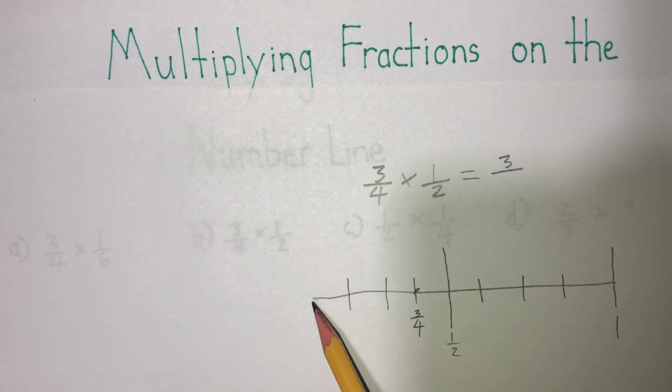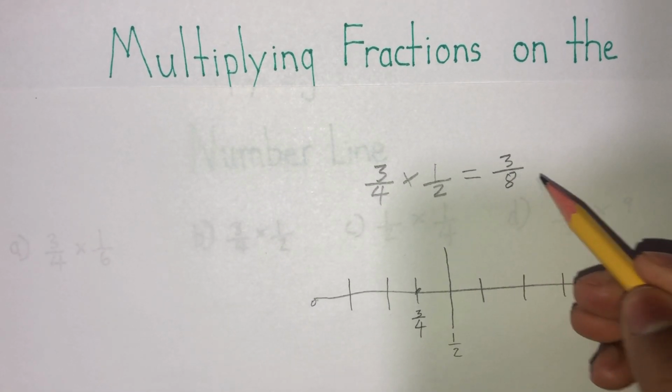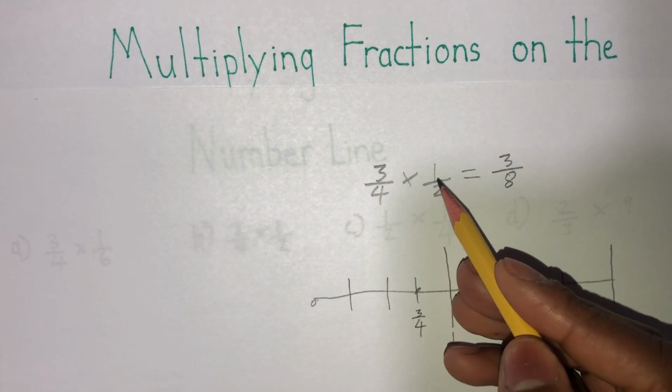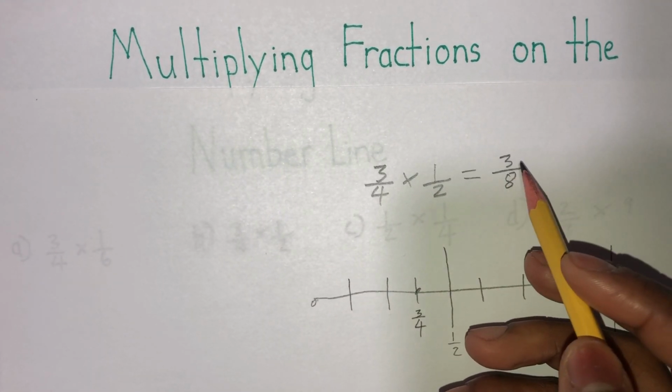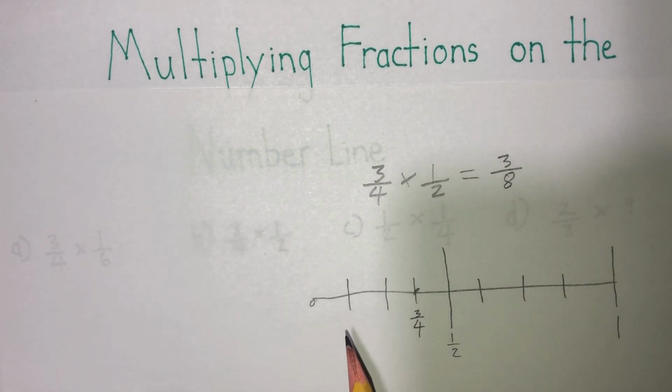So starting at 0, 1, 2, 3, 4, 5, 6, 7, 8. So as we can see, 3/4 of the distance to a half is 3/8, and we demonstrated that on our number line.